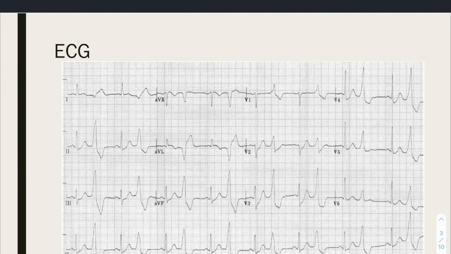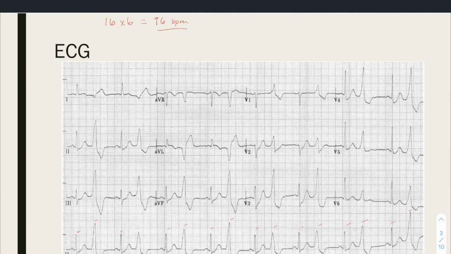So we have 1, 2, 3, 4, 5, 6, 7, 8, 9, 10, 11, 12, 13, 14, 15, 16. So that's 16 over the course of the 10 seconds. And using the method, we take the number of our peaks, multiply by 6, and that gives us a rate of about 96 BPM. And that's our rate there.